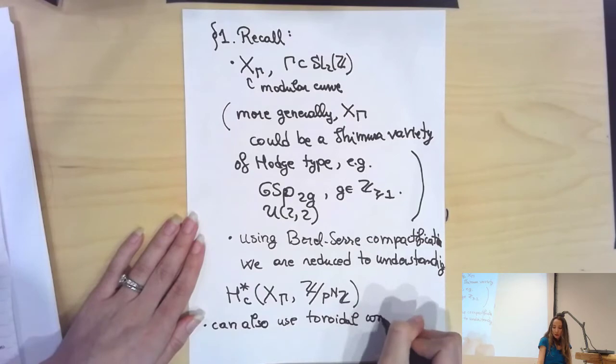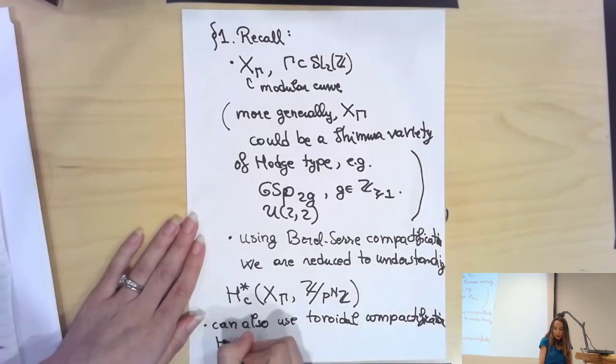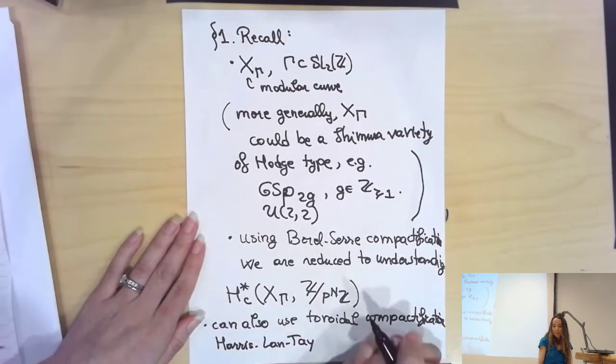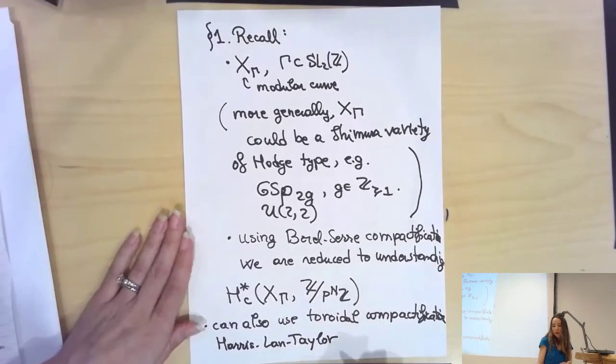And in characteristic zero, for characteristic zero cohomology, this shows up in the work of Harris, Lan, Taylor, and Thorne. And for torsion coefficients, this shows up in the work of Boxer.